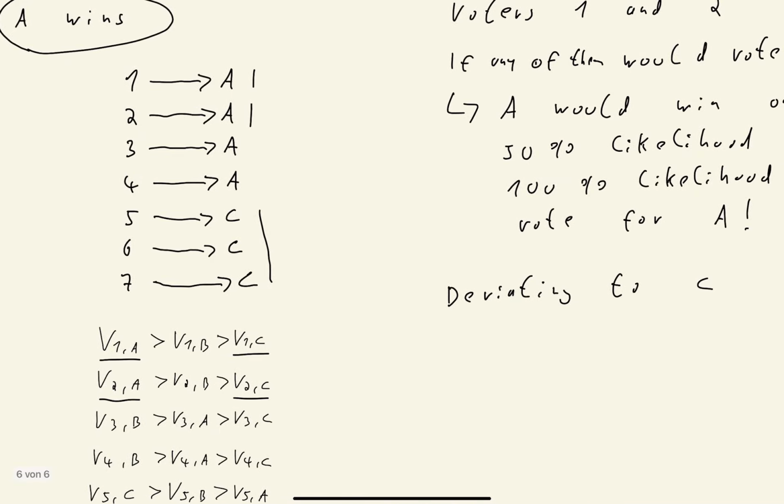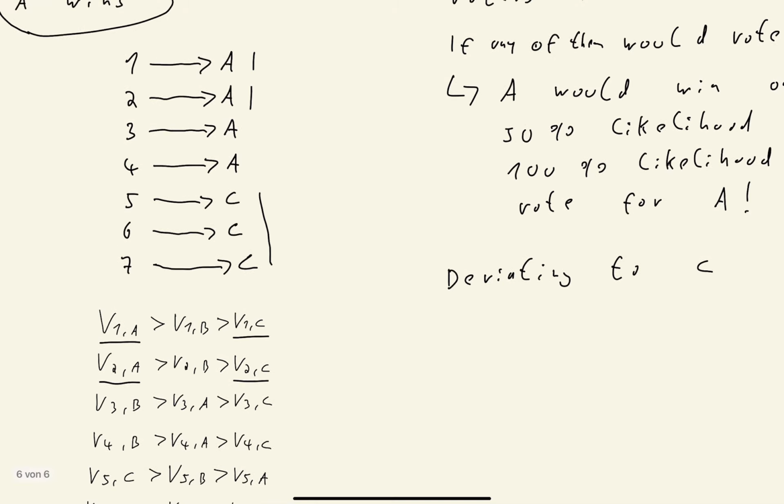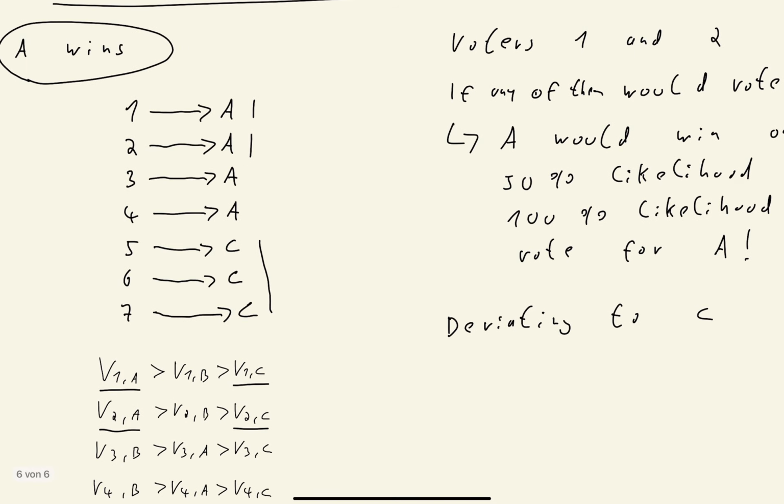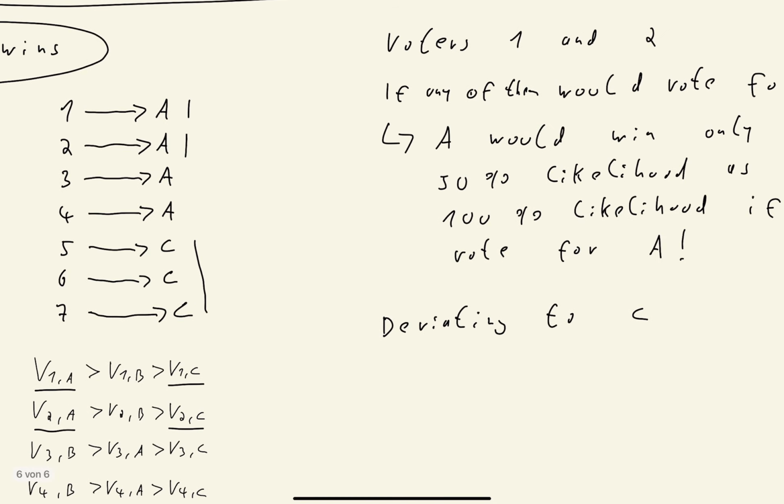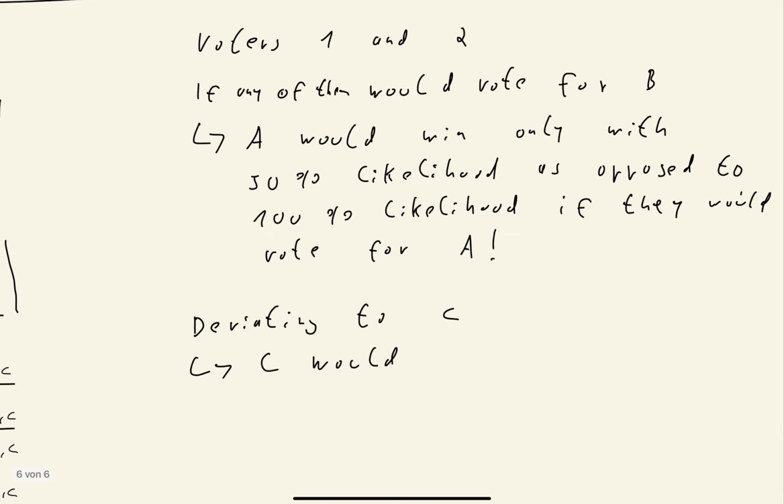If either 1 or 2 are deviating to C, then candidate C would win with certainty because then candidate C has more votes than candidate A. And then they would have lower utility because candidate C is least preferred by them and candidate A is mostly preferred by them. So C would win with certainty.